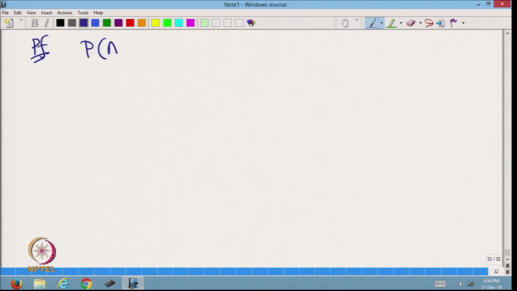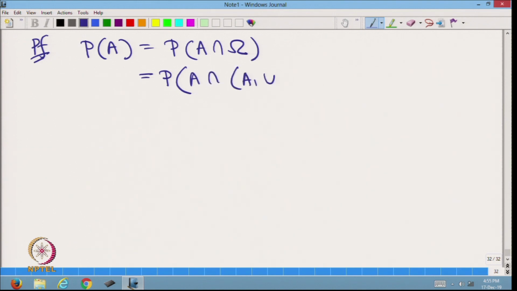Probability of A is equal to probability of A intersection omega, is equal to probability of A intersection (A1 union A2 union ... union An).